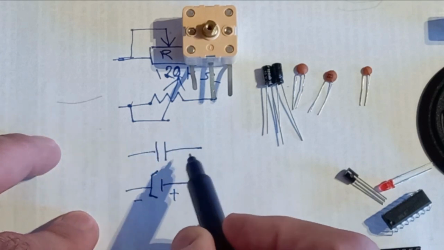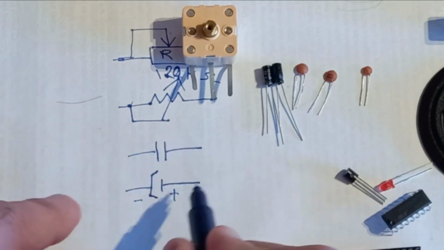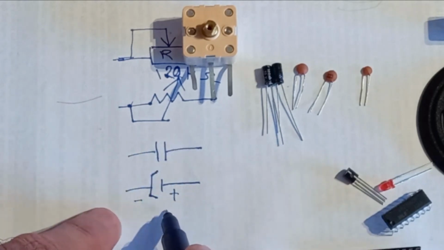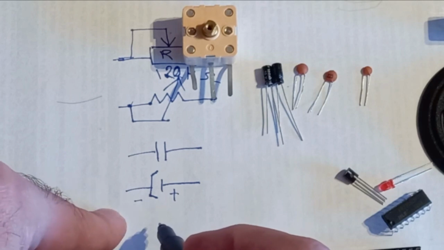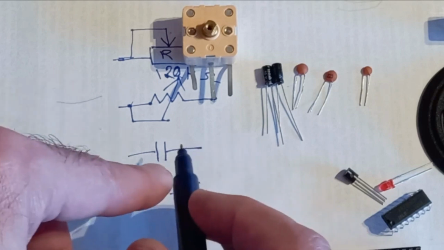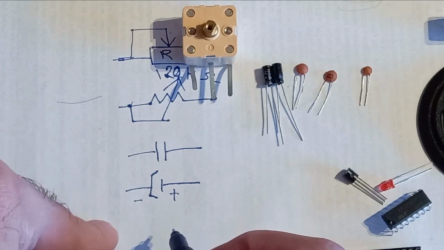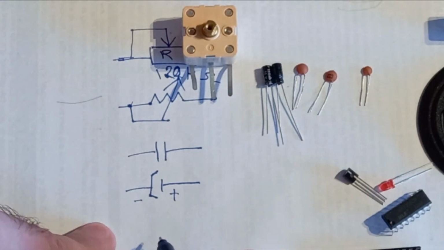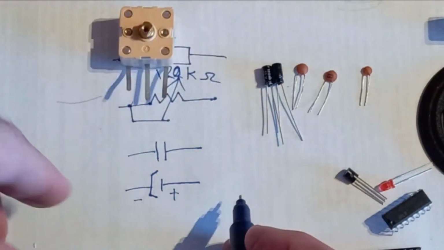What that means is, this type of capacitor, it doesn't matter which way you connect it. With this, you have to be very careful. Not only can you damage the capacitor itself, but you can damage the whole circuit as a whole, and even cause bodily harm to yourself or others. And I'll explain a little bit further in a minute.